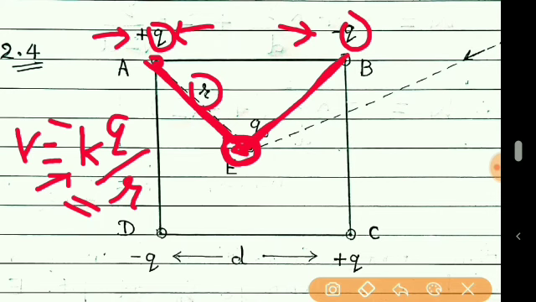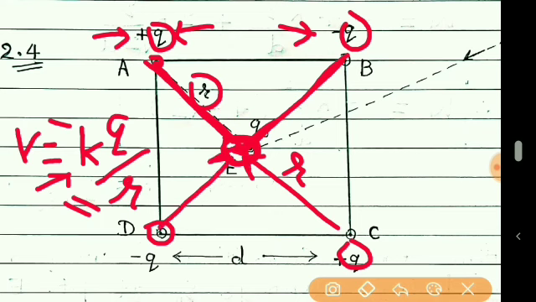Again, at this point, the potential is due to this charge also. Again, the distance is r, charge is plus q, so potential is positive. While at the last point, that is point D, the potential here will be negative because the charge is negative. So once again, due to these two charges which are at point C and point D, the potential at the center will be 0.